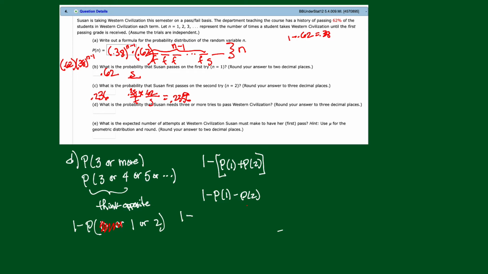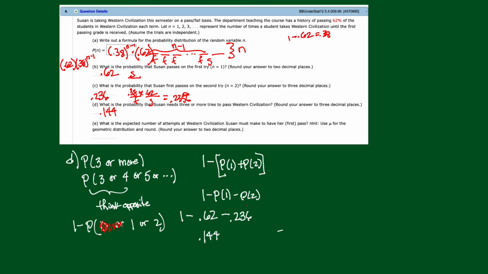Passing on the first try was what? Oh, that's why they gave us that problem. Passing on the first try was 0.62. Passing on the second try, we just found that, 0.236. That's why they gave us parts A and B. And I got 0.144 to 3 decimal places, so I'm going to say that's 0.144.